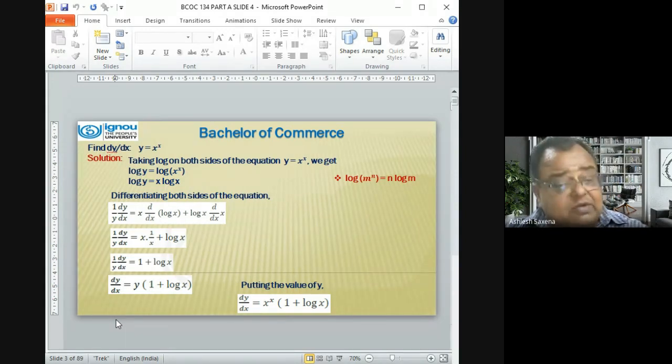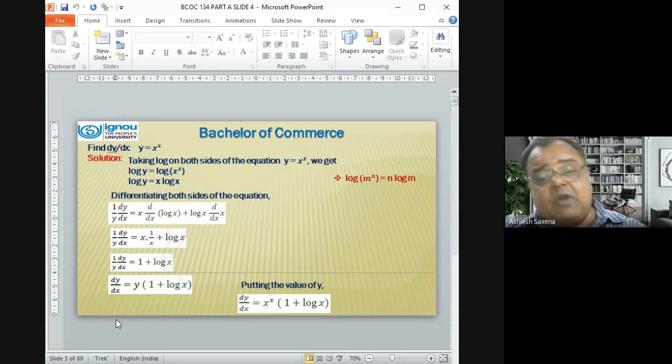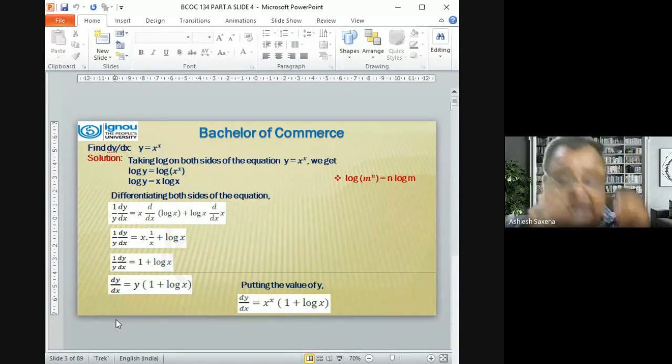As it was told to you, by the property of the log which is written in red on the right side of your screen, log m raised to the power n, n will come in front of log m. So here in this case, it will become log y equal to x log x. Now we will differentiate.